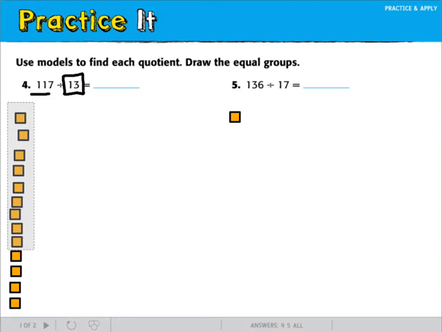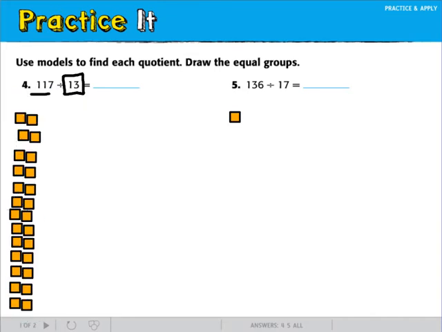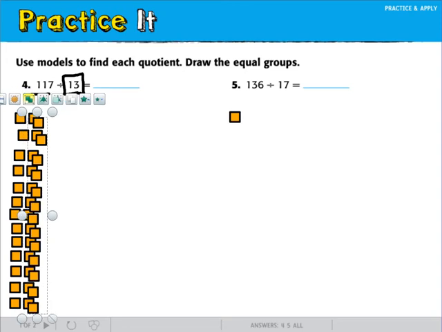Now, what we're going to do is start building on our groups, okay? So, now we have 13 groups of 2. How many total do we have? We have 26. Very good. So now I'm going to do it again.